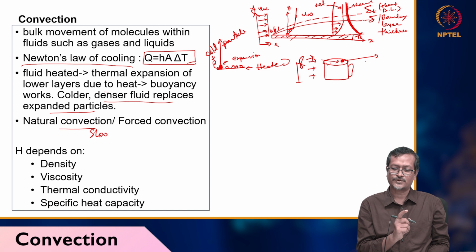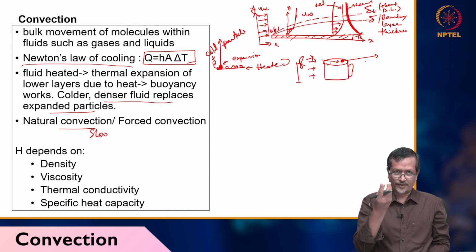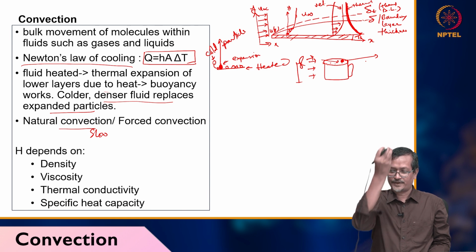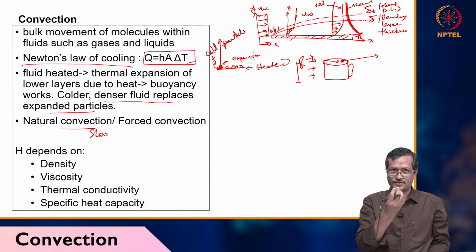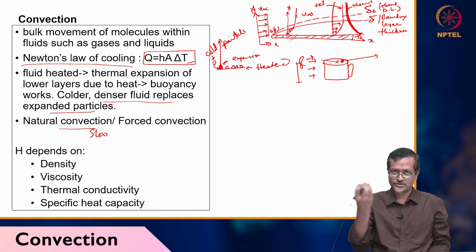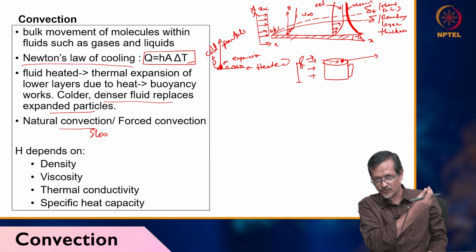In the previous case, the air got heated up, one particle, and because of buoyancy it slowly moved up. But when you have a fan, it will not go slowly up; rather, because of the air blast, this particle will be forced to move away.